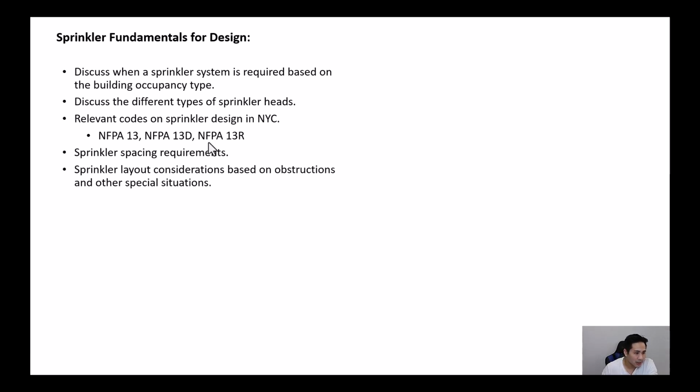That can all be considered obstructions, and there are different rules for where to place the sprinkler based on those types of obstructions. And also other special situations, such as skylights and atriums, where there are different sprinkler requirements.